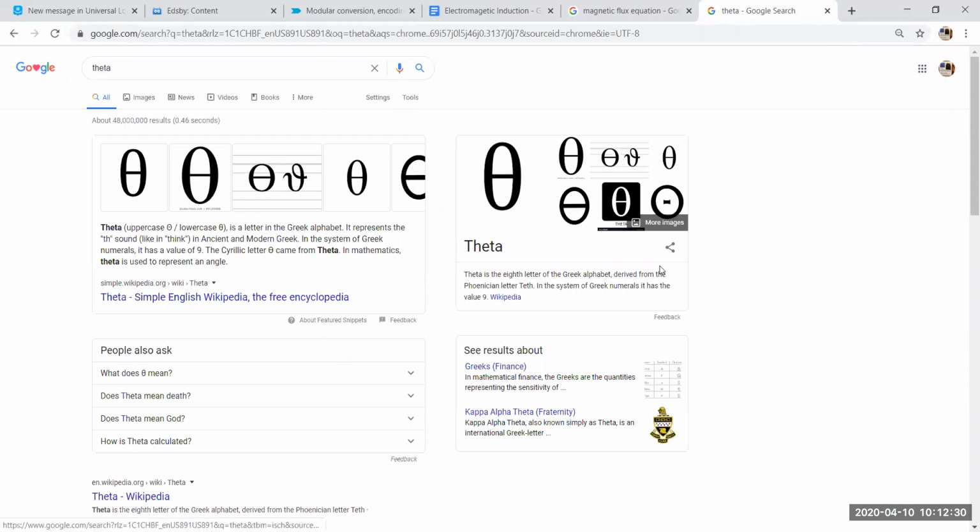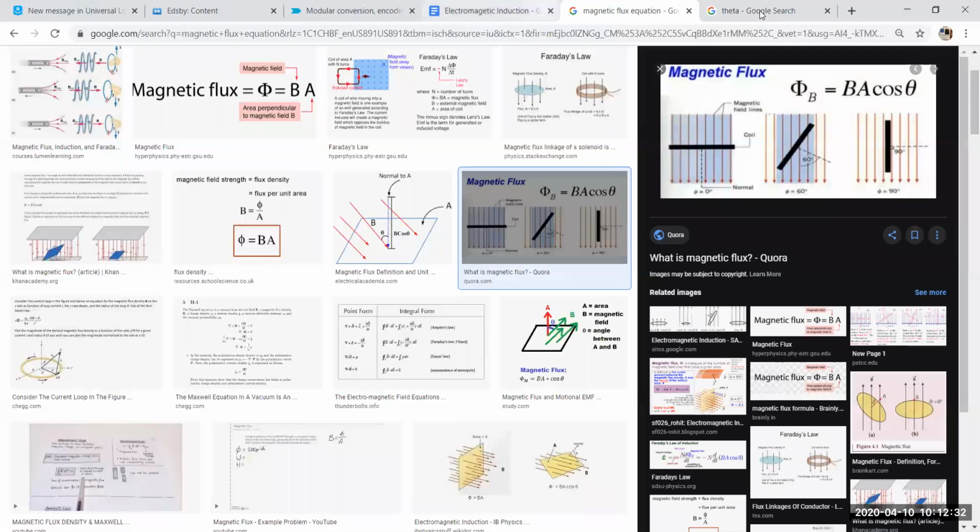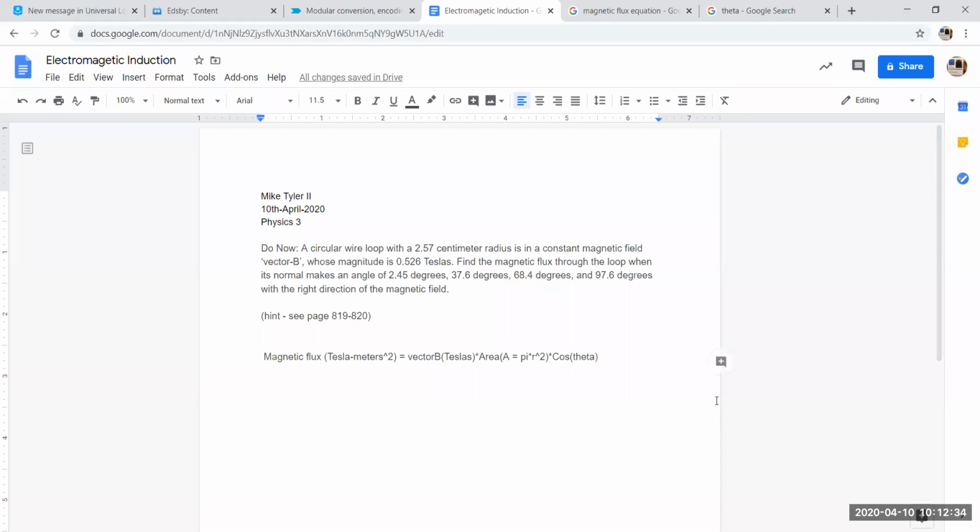So there's theta. All right, let's get back to the work. So we got our conceptual meaning. This is just a definition, conceptual meaning or definition. All right, and all this down here is going to be your solution that you're providing.